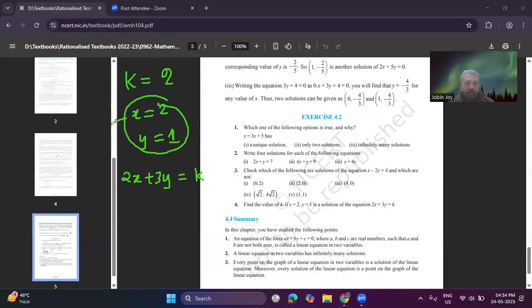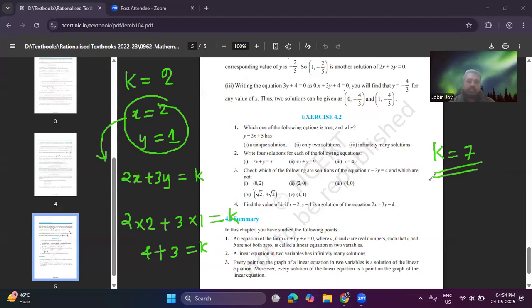So we can put these values into this equation. So 2 into 2 plus 3 into 1 is equal to k. So 2 into 2, 4 plus 3 equal to k. What is k? K is equal to 4 plus 3. So the value of k equal to 7.